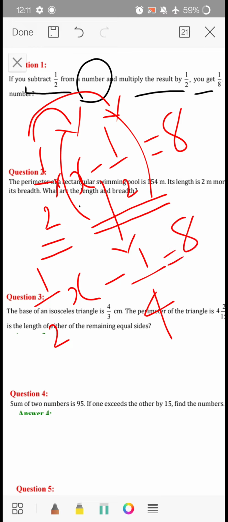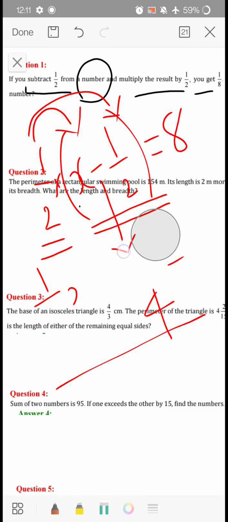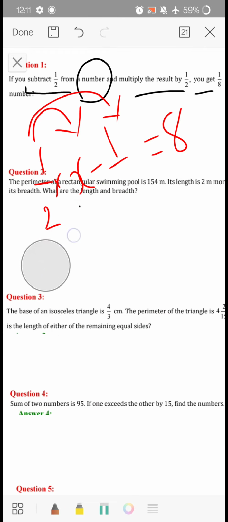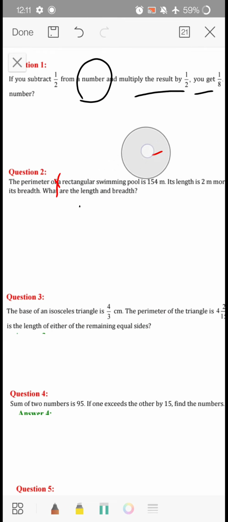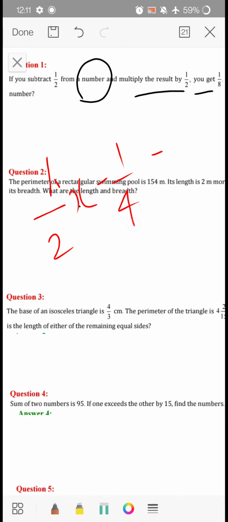Okay. Now you got this simplest equation, and you all know very well how to solve it. What's that? 1 upon 2x minus 1 upon 4 is equal to 1 upon 8, right? So now we know that if it is in subtraction, then we will transpose it to the other side.